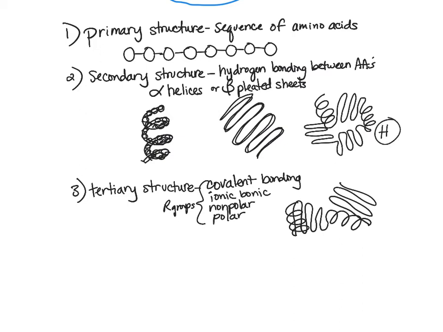Down here, this would be things between the beta pleated sheets and the alpha helices. Up here, it's just the hydrogen bonding in the beta pleated sheets itself or in the alpha helices itself. Down here, now we're attaching the alpha helices to the beta pleated sheets through these other types of bonds. Then our fourth level, our quaternary structure.